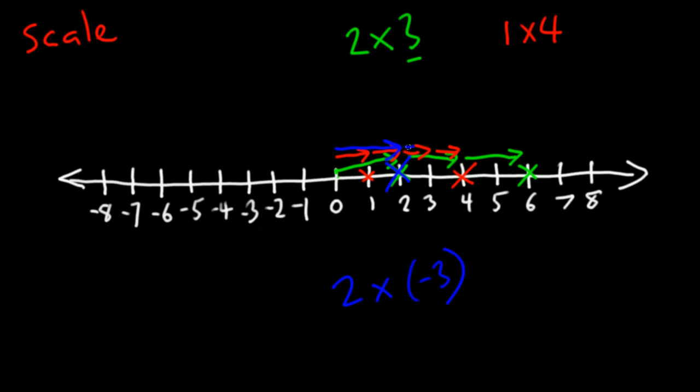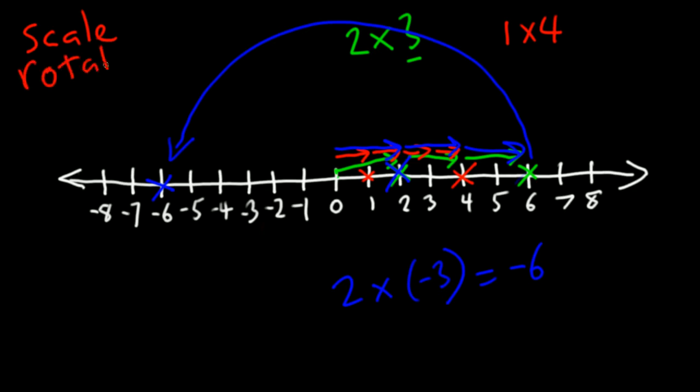So we take that once, twice, 3 times. We end up over here at positive 6, but then we flip it around. We rotate it, and we end up at negative 6. That's interesting because it suggests that multiplication does something more than scaling. Multiplication can scale a number, and it can also rotate a number, or flip it around the axis. Flip it around the origin, I would say.